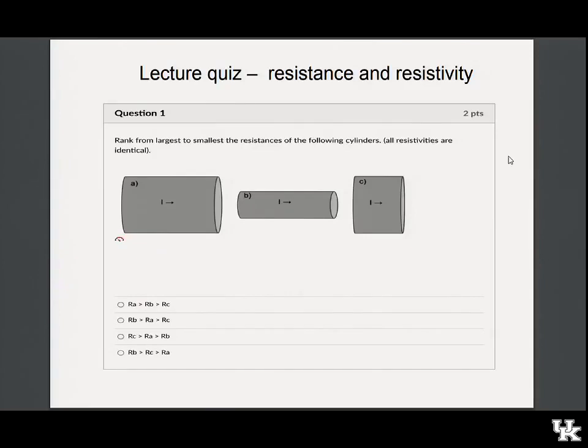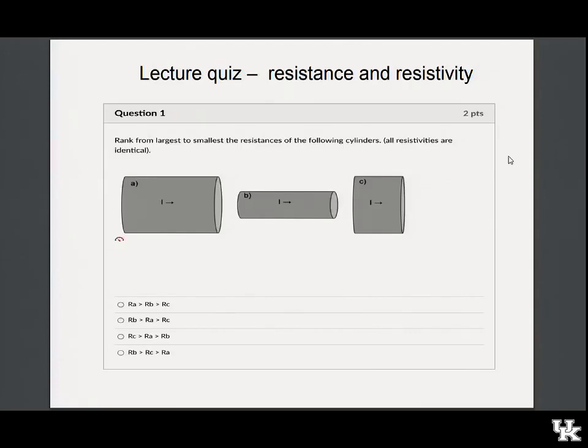We said that if the wire is short, that's going to lower the resistance. If the wire is long, it's going to increase the resistance. If the area is large, that's going to lower the resistance. If the area is small, that's going to increase the resistance. So the greatest resistance wire is going to be the one that has the combination of narrow cross-section and long length. It's this guy here.